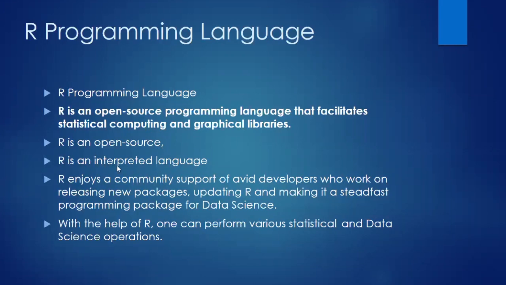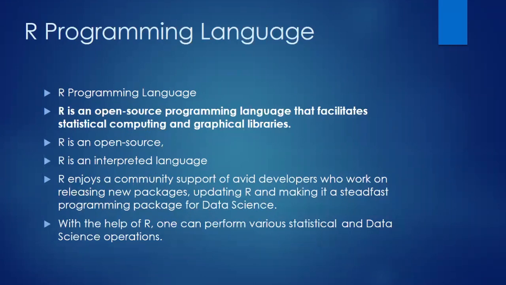Now what is an interpreted language and open source? Open source means R is available for free. It can be directly downloaded from the internet, right? It is not paid.